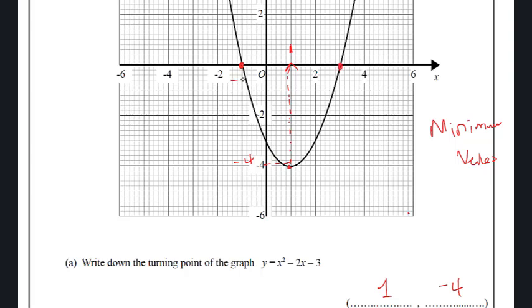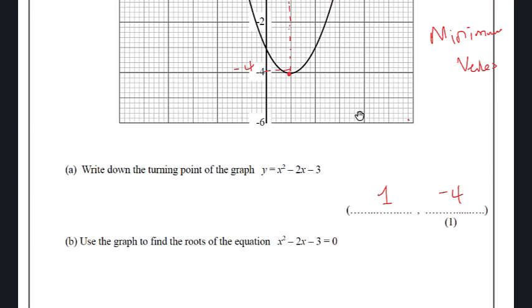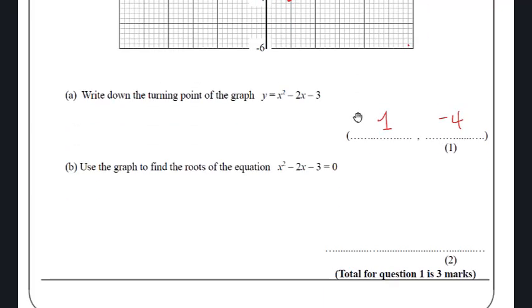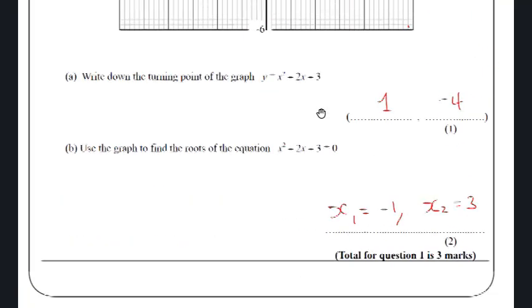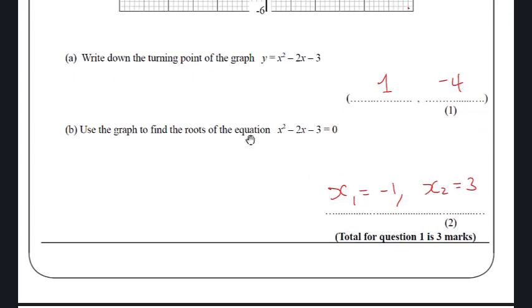So this is the point negative 1, and this is the point 3. Okay, so the two solutions are going to be x1 equals negative 1, and x2 equals positive 3. Oh yeah, so that's it. Those are the solutions, those are the roots of the equation. This question had 3 marks.